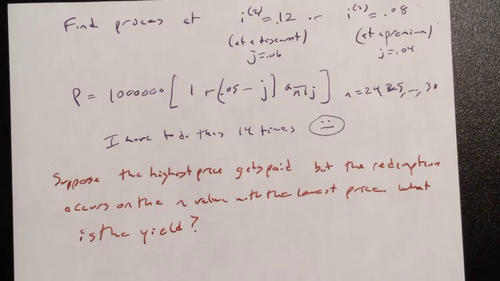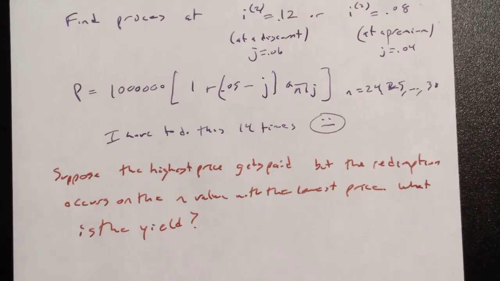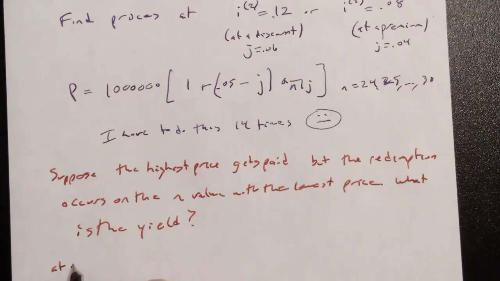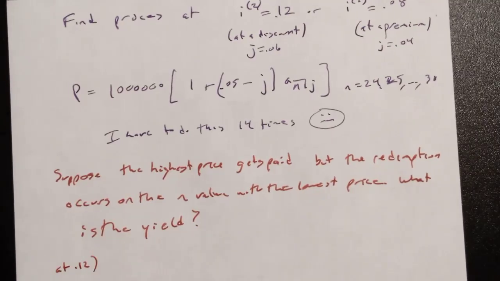So let me think about this for a second. Do you want to do the 12% or the 8% to start with? Okay, so at the 12%, I go back to the Excel sheet.